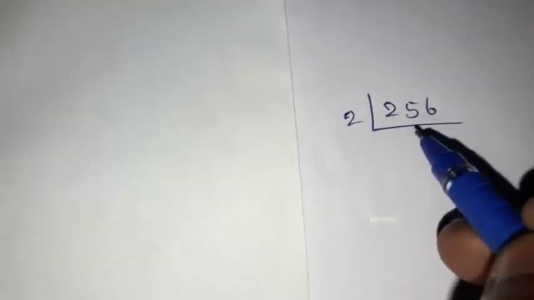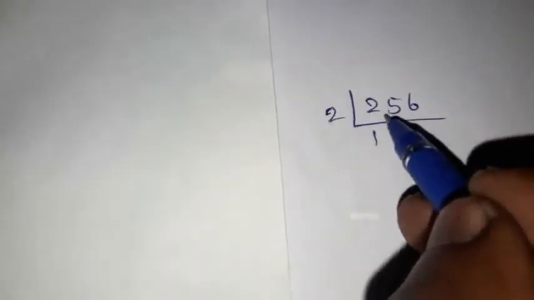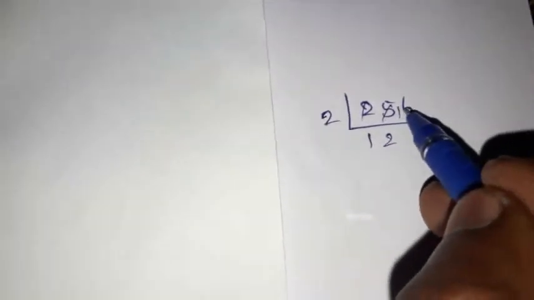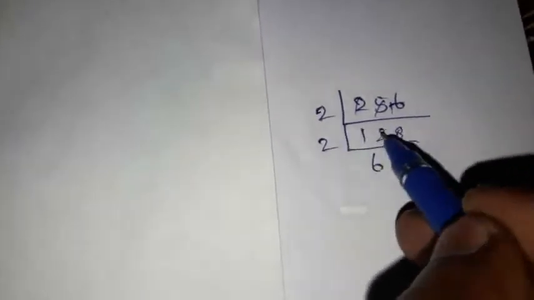I am going to use the prime factorization method. 1 2 is 2, 2 2s are 4, remaining 1, that is 16, 8 2s are 16, 6 2s are 12, 4 2s are 8. Next second table, 3 2s are 6, 2 2s are 4.